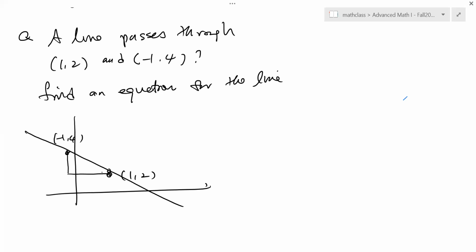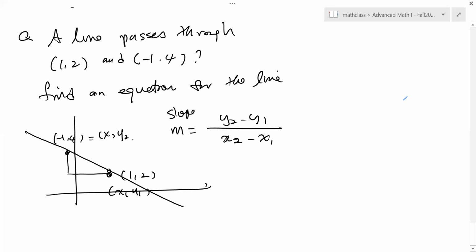So this ratio is the difference of the 2 y coordinates over the difference of the 2 x coordinates. This could be called x1, y1, and this is called x2, y2.